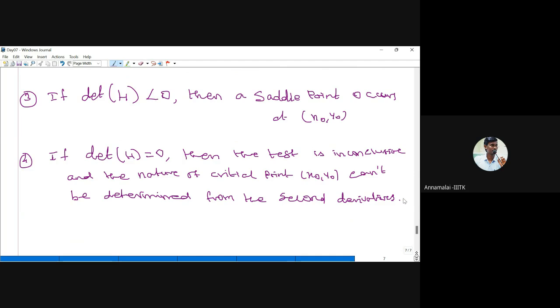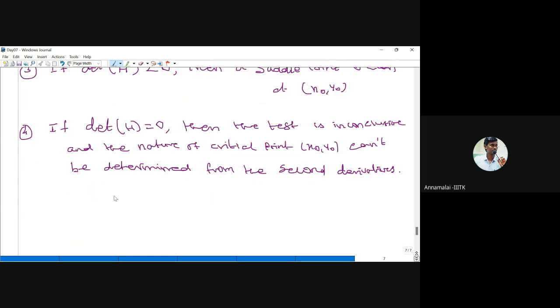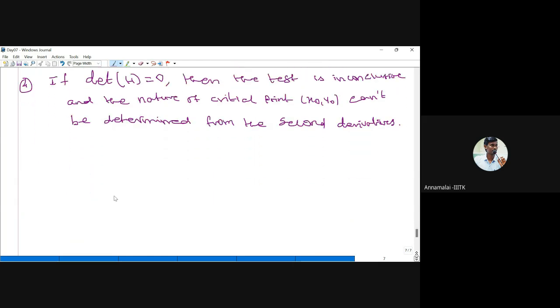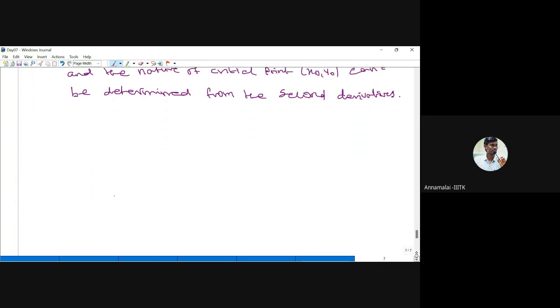So that is the thing. Maybe we will discuss the determinant equal to 0 case later. Now maybe we discuss some example.